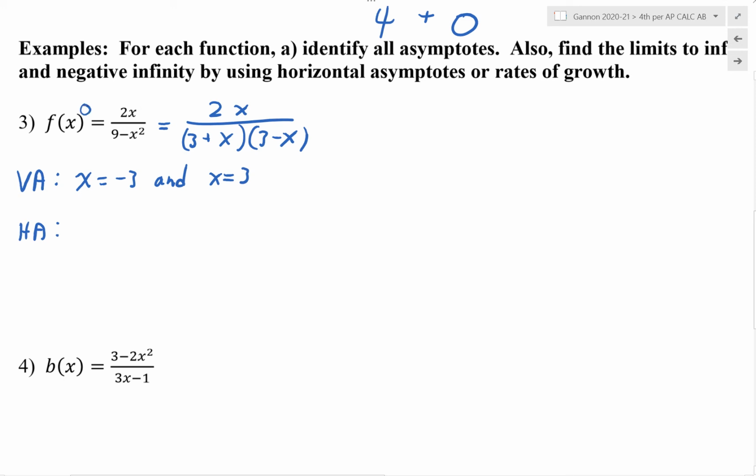So I'm just going to add 0x squared on top. That means that the horizontal asymptote is going to happen at y equals 0 divided by negative 1, because negative x squared really should be the lead term. So 0 divided by negative 1, which is 0. That takes care of identifying all of the asymptotes for that function.